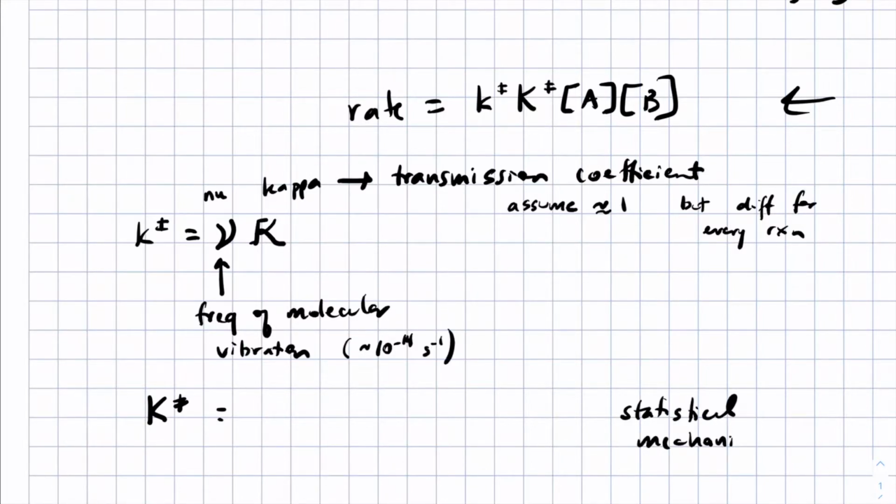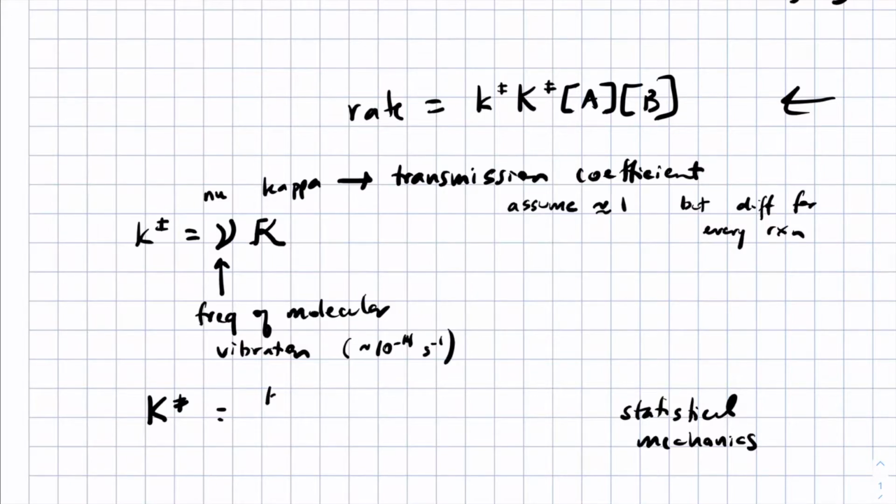And I don't know anything about statistical mechanics, but Dr. Seavey does, so you can ask him. Because the activated complex is at a high point and not at a minimum, you can't assume a Boltzmann distribution, and so you have to do something else. So you can't use K equals the exponential of minus delta G over RT. It's a little bit more complicated than that.